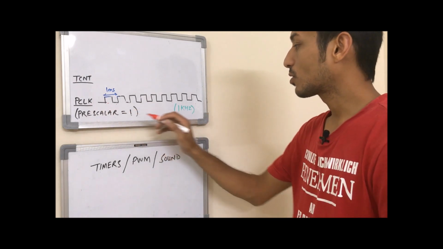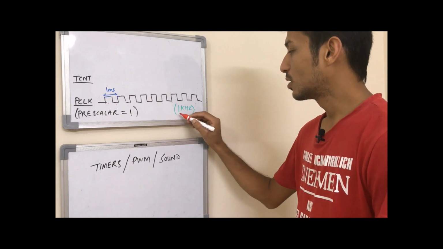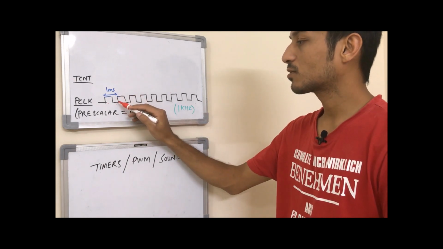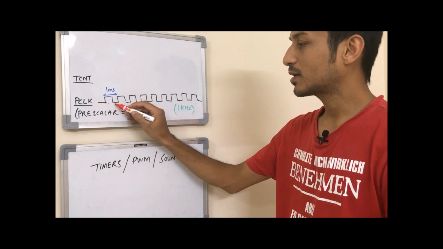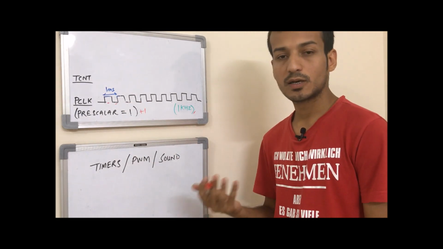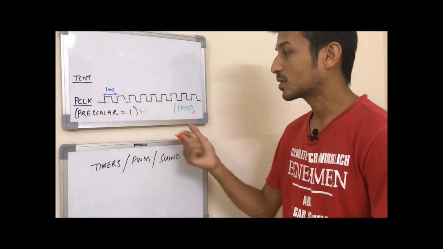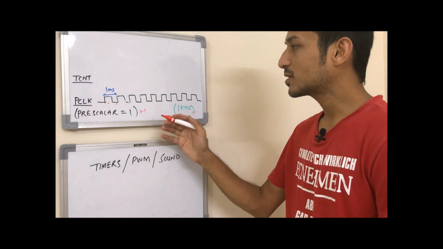The peripheral clock frequency is 1 kilohertz as an example, and with 1 kilohertz you have 1 millisecond of time period. So this high and low constitutes 1 millisecond. The prescaler value will be used by the timer module to increment the timer counts, and the relation is like that.